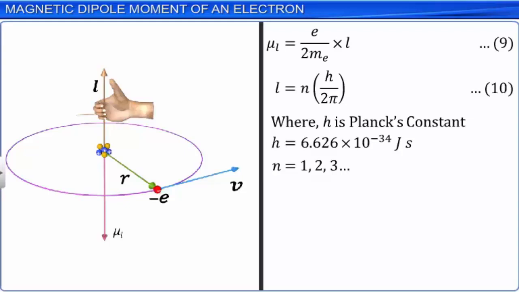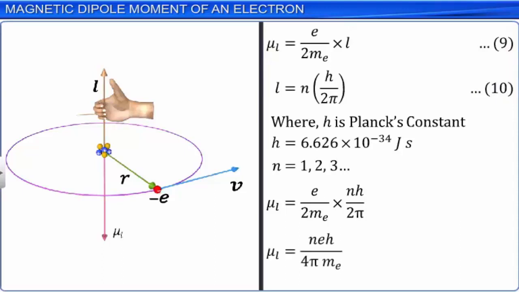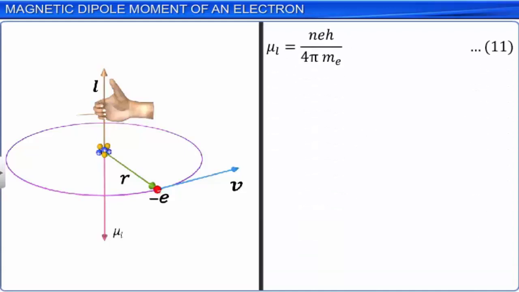Substituting equation 10 in equation 9 and simplifying, we get the magnetic moment μL = neh/4πme. Let this be equation 11. For an electron, the magnetic moment is minimum for n = 1.